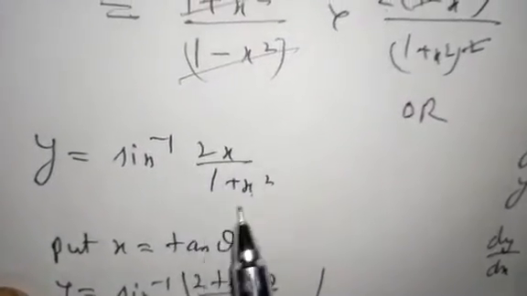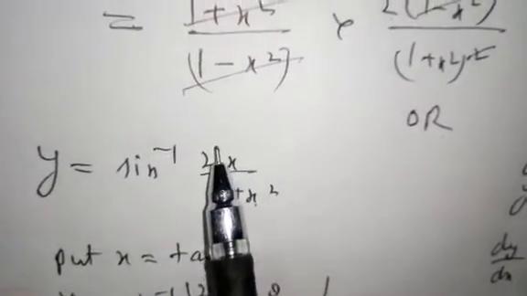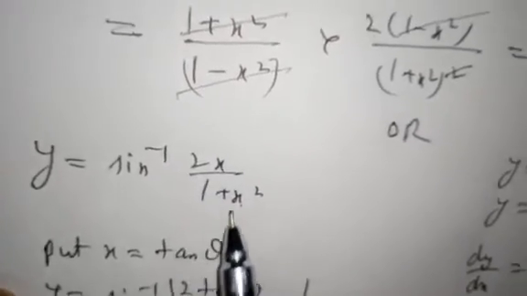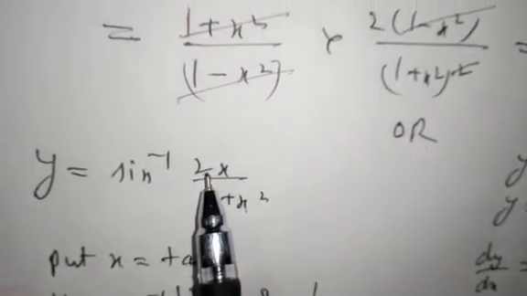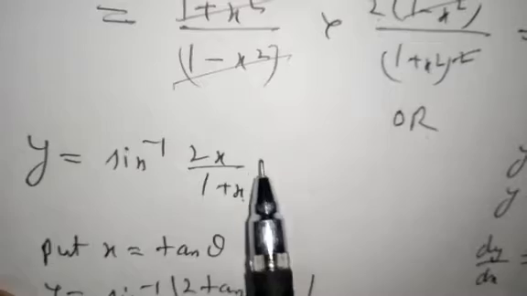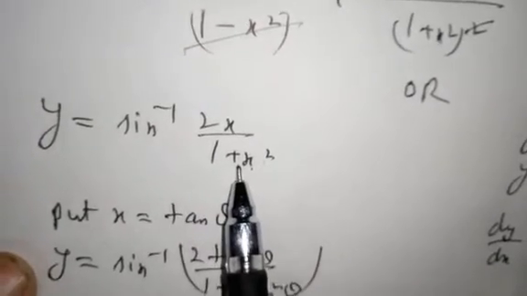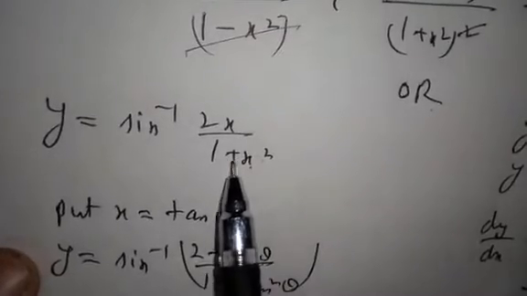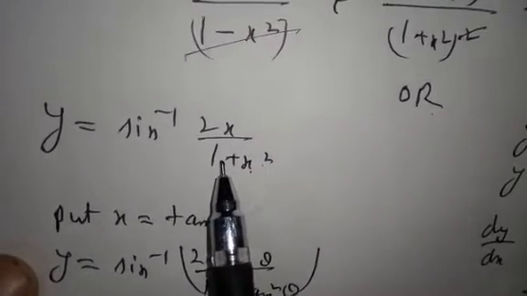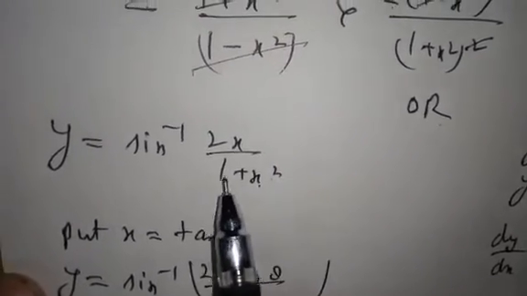So yes, we have a formula. This is the formula for sin 2 theta in terms of tan, that is 2 tan theta upon 1 plus tan square theta.